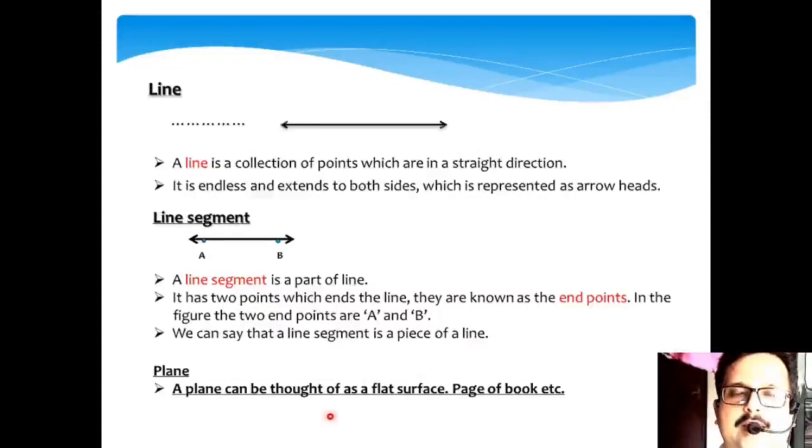A plane can be thought of as a flat surface, for example a page of a book. I have written plane here because once you go through various definitions you will see this term. This line segment and the things that we are going to study are all two-dimensional representations. So it is a 2D plane.